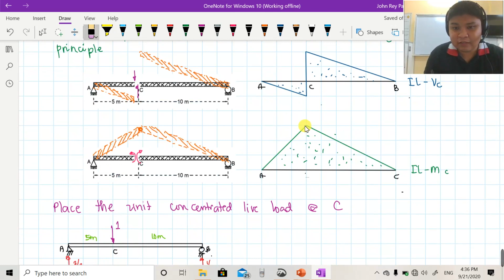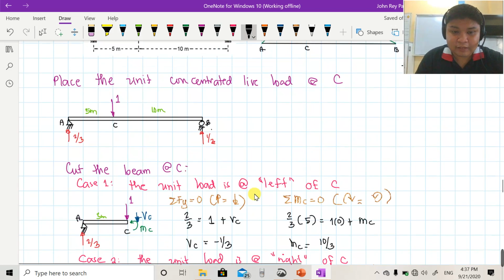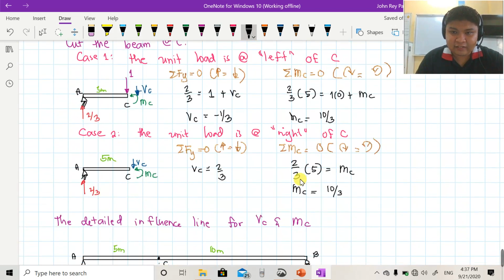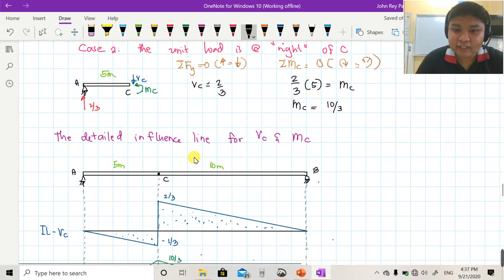So it must be point C, 'di ba? Yung point natin, point C and point B. So kahit saan mo naman tingnan, yung ordinate natin sa point C class is isa, considering the bending moment, 'di ba? So dapat parehas sila 10/3. So therefore, may negative ordinate tayo sa shear na negative 1/3 and may positive ordinate tayo na 2/3.